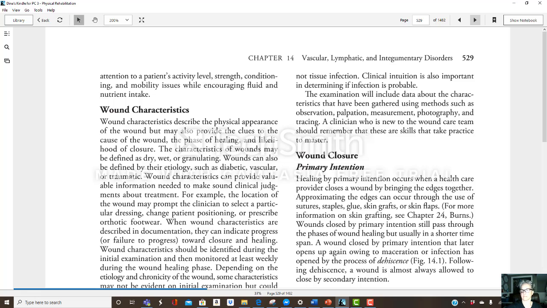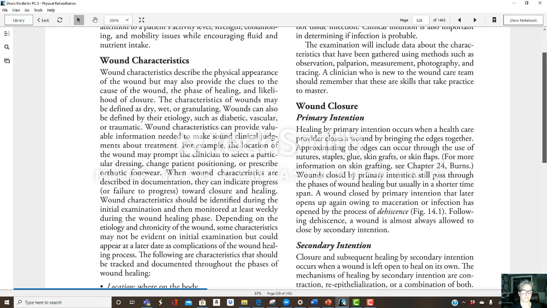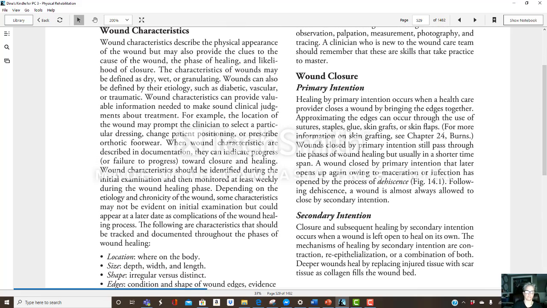Wound characteristics. Wound characteristics describe the physical appearance of the wound but may also provide clues to the cause of the wound, the phase of healing, and likelihood of closure. The characteristics of wounds may be defined as dry, wet, or granulating. Wounds can also be defined by their etiology, such as diabetic, vascular, or traumatic.